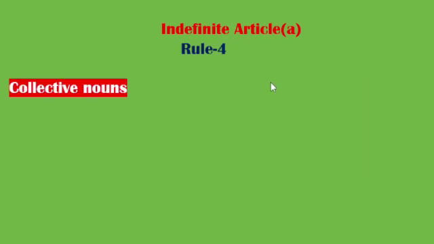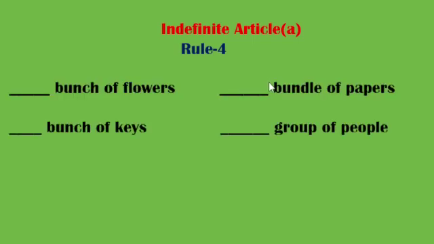And the fourth one is collective nouns. If you observe here, indefinite article a is used before collective nouns. Already we have learned about collective nouns in the subject verb agreement topic. What are collective nouns? The collective nouns are bunch of flowers, bundle of papers, bunch of keys, group of people.